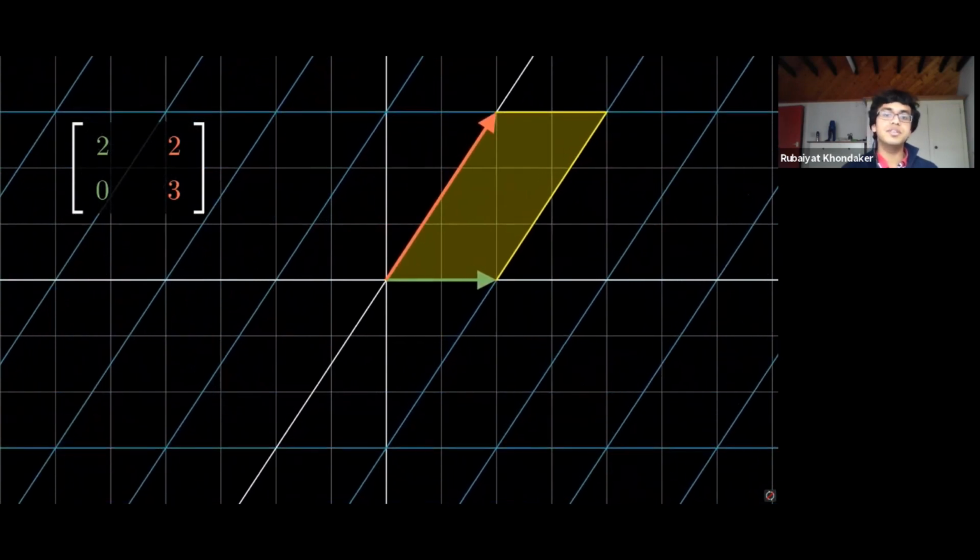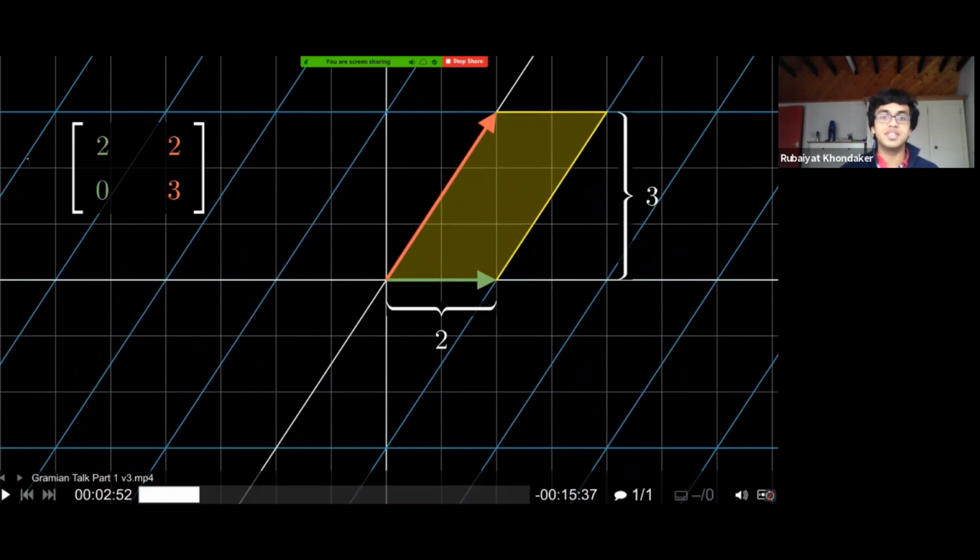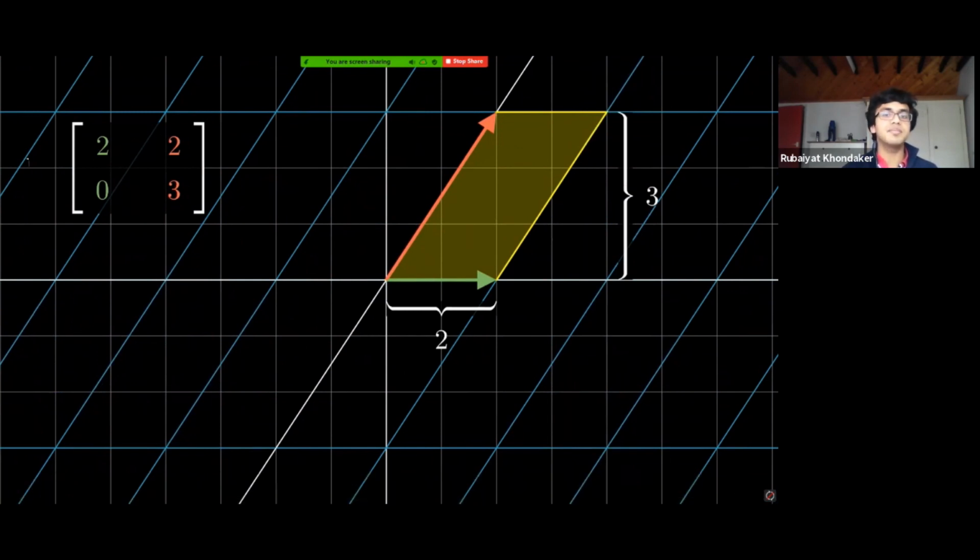So after the transformation, it has a base of 2 and a height of 3. So its area is 6. You can also think of it as, okay, you have this triangle here, you move it to this side, and you have a 2 by 3 rectangle. And that lines up with the determinant of that matrix having a value 6, or absolute value 6.